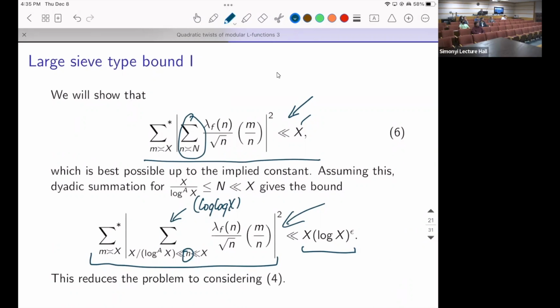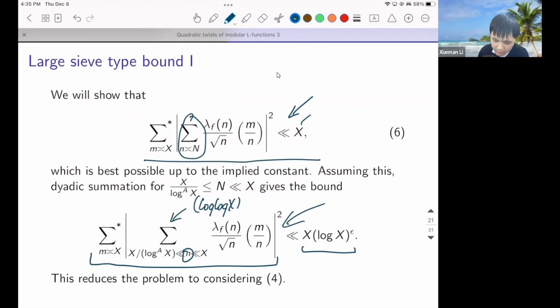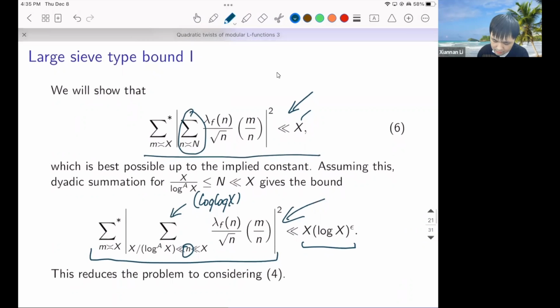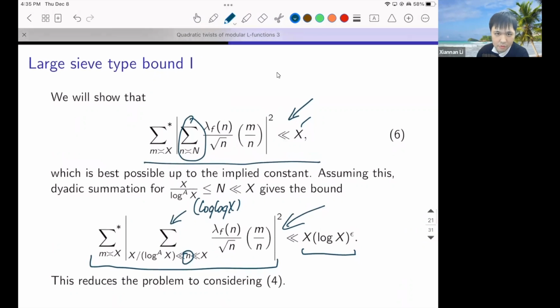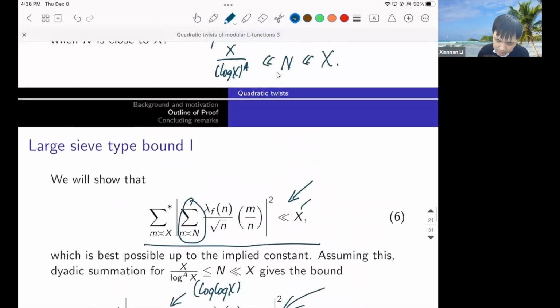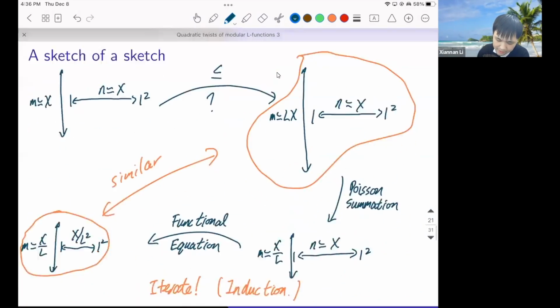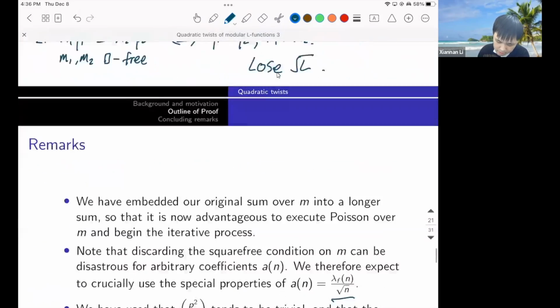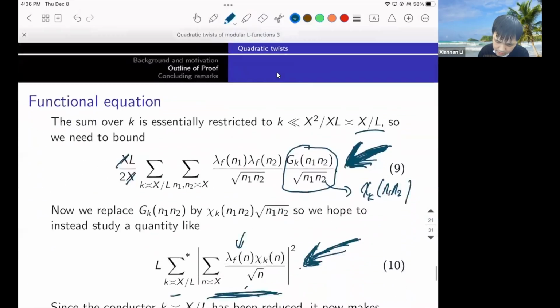So the main reason why you would be somewhat hesitant is because we lose primitivity, right? In passing to all numbers from square-free numbers, we lose primitivity. This is bad for arbitrary coefficients. But on the other hand, it's possible not to pass to all numbers. We don't need to do that.